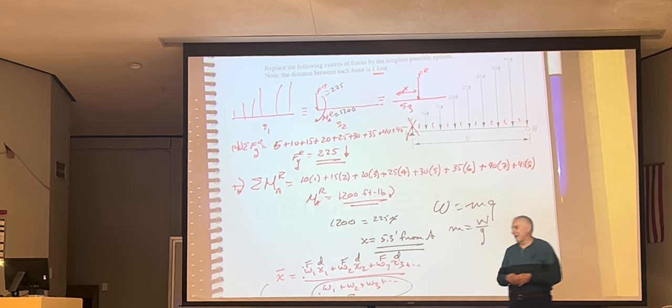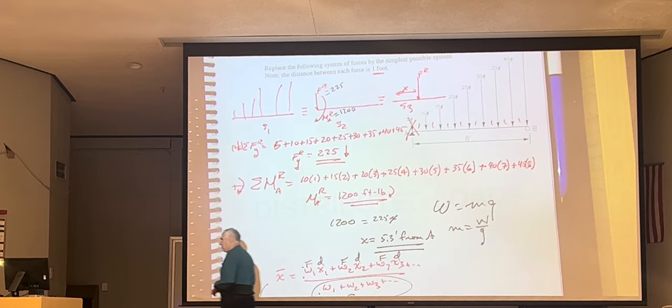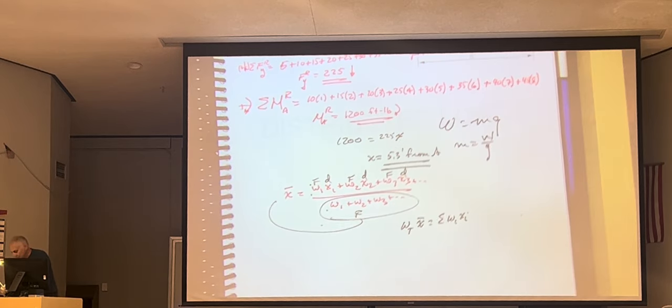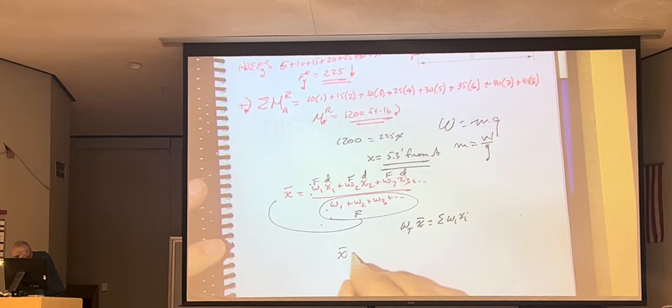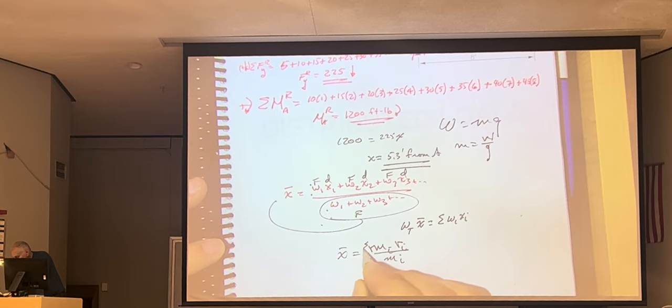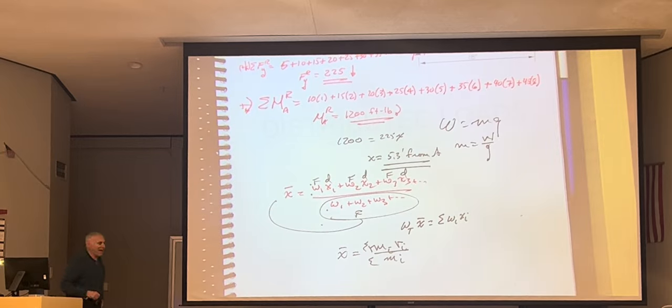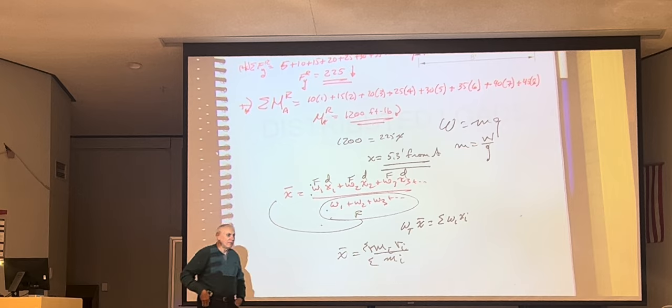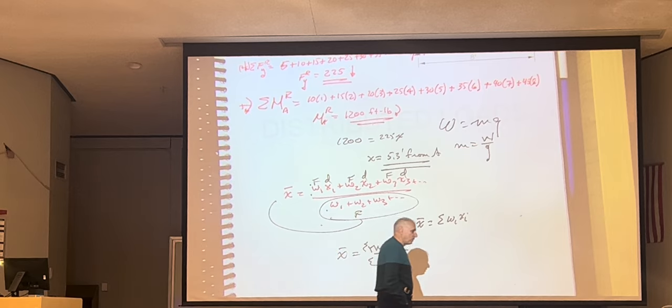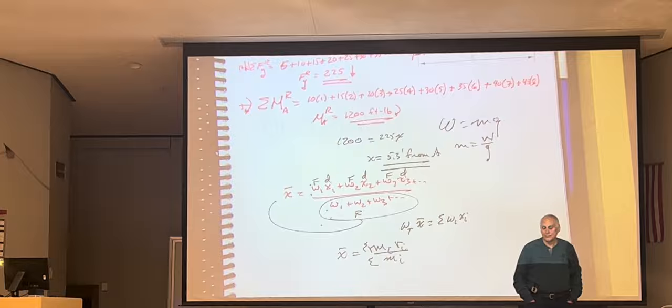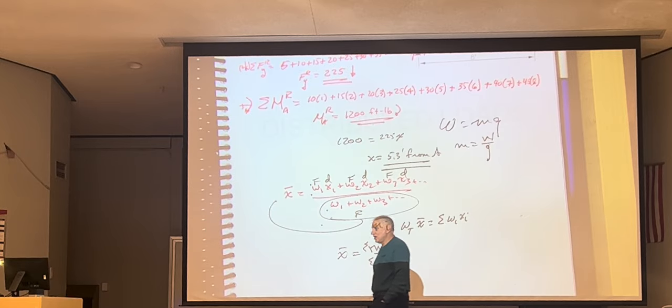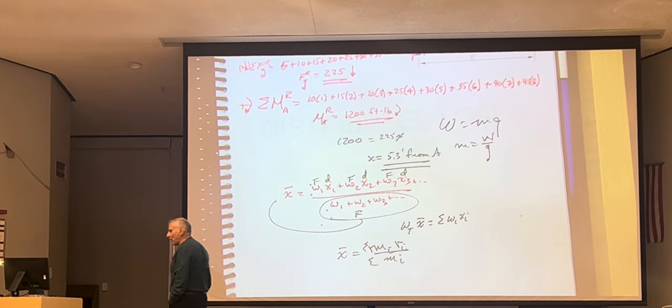So you probably saw it like this, maybe in physics: X bar is equal to summation mi ri divided by summation mi. Might have seen it like that. Go back into your physics textbook and see that that's probably what you saw. Instead of weight, you probably used F. That's all a factor of g anyway, so it doesn't matter whether you use mass or weight.